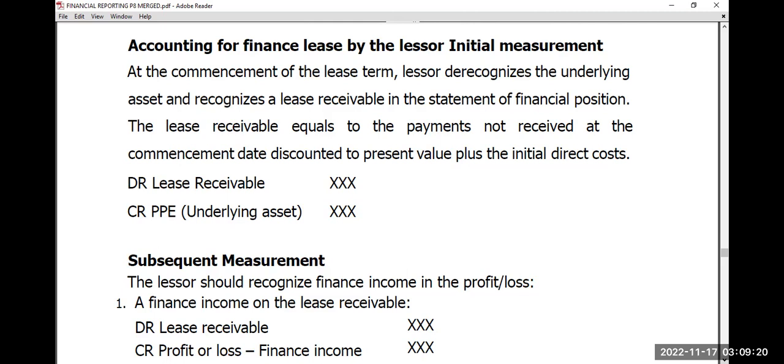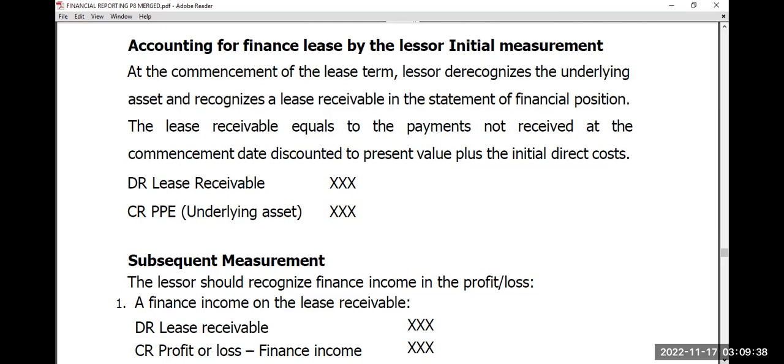What happens is that when you are receiving these, they come as lease receivables. We don't actually receive cash, because going into a lease arrangement doesn't mean they are going to give you cash there and then.